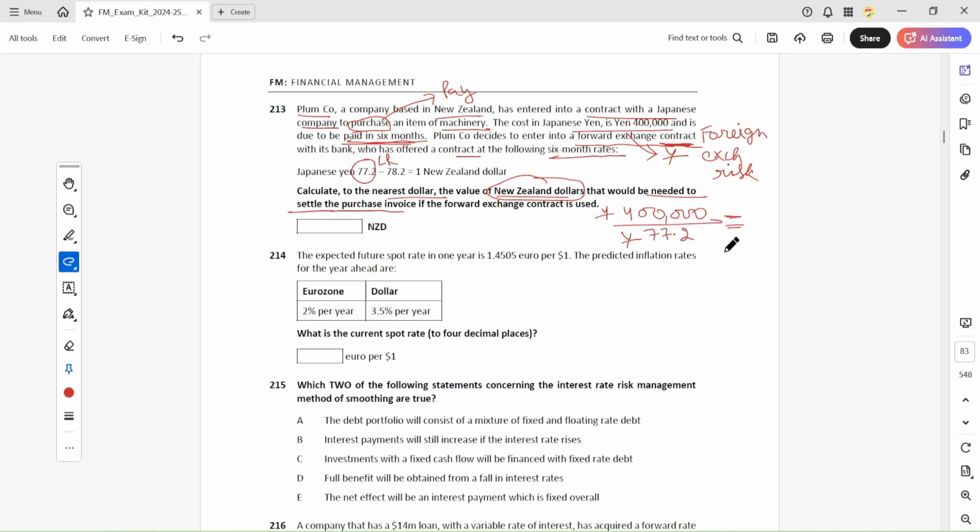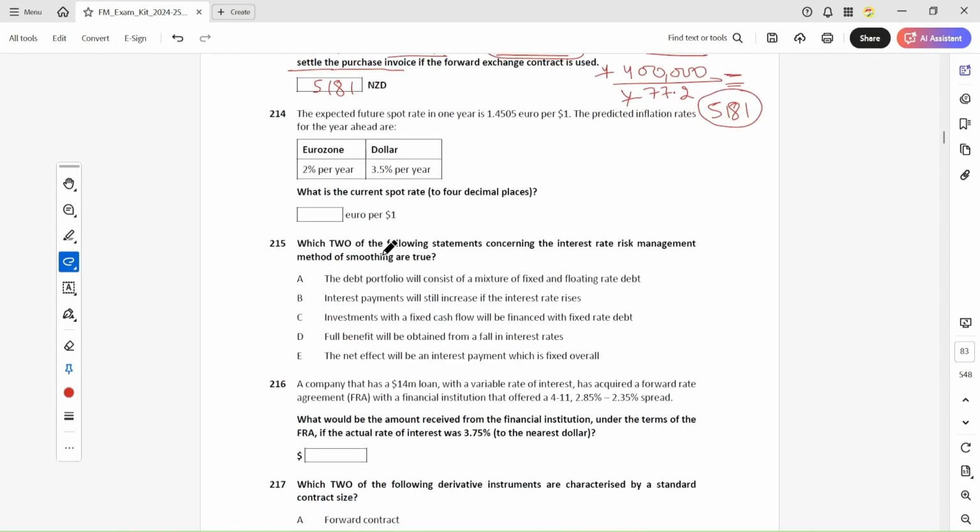In case of payment we pay high, in case of receipt we receive less. So dividing by lower rate we will get higher amount, so we have to pay higher amount. So what is the answer? 5181 is the answer.